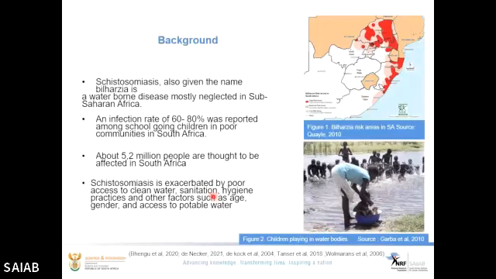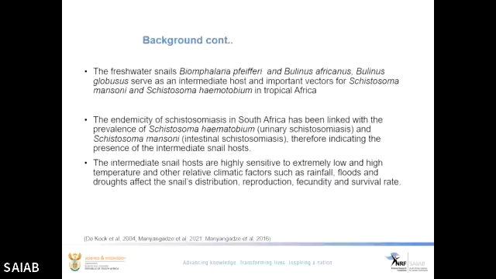Other factors include age, gender, and access to water. Figure 1 shows us the areas that are at risk of schistosomiasis in South Africa, and we can see that this disease is mostly concentrated in the eastern parts of the country, also extending into the northern regions, which includes Limpopo and also some parts of Gauteng.